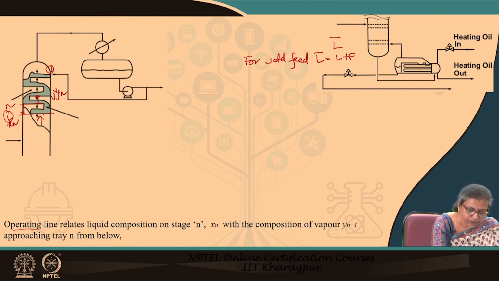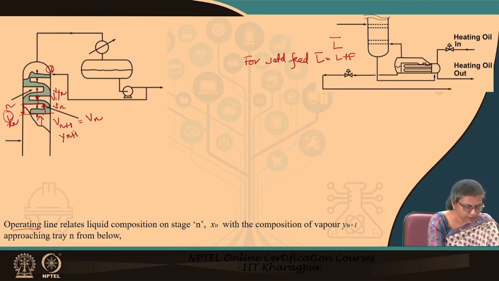The vapor which is entering this tray n is naturally entering from the n plus 1th tray. V n plus 1 is definitely equal to V n, where V n is the vapor which is leaving this particular tray n. The composition is y n plus 1, right. And here we know that this is D and the composition is xD.